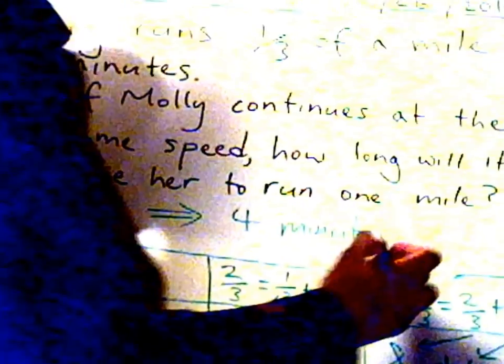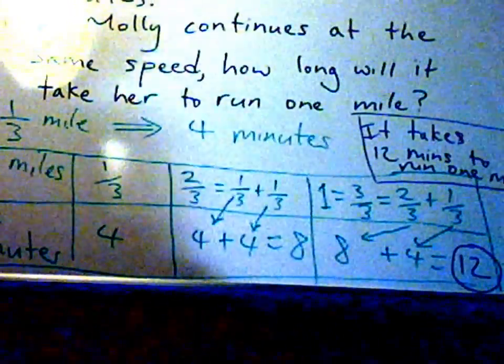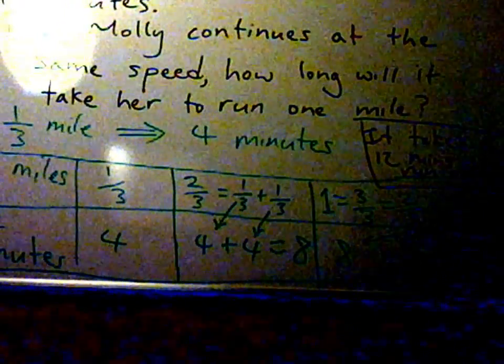So your conclusion would be it takes Molly 12 minutes to run 1 mile. And we're going to move on to the next problem.